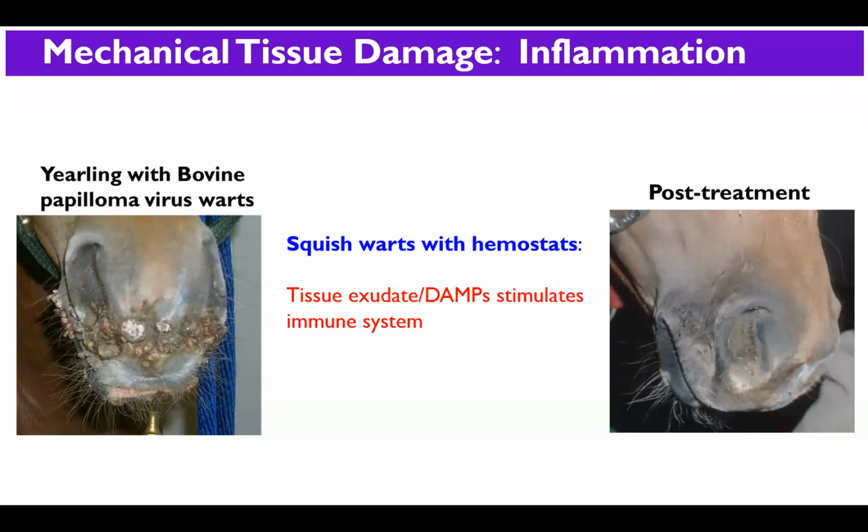You squash these warts with the hemostat, and you cause release of danger-associated molecular patterns that induce inflammation. And again, the phagocytes and all those events take place, and they're able to mediate the clearance of these warts. You talk to any horse owner who has dealt with this, and they're going to say, yeah, it does work.